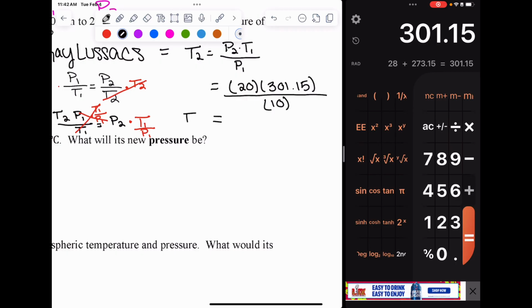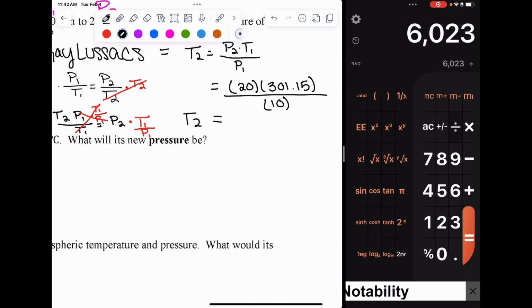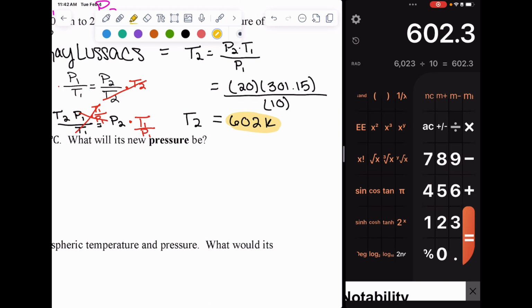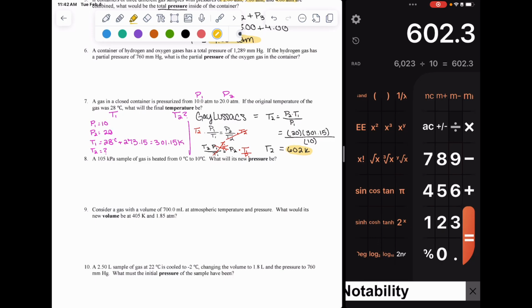Plugging that in, our second temperature will be 20 times 301.15 divided by 10, which is 602 Kelvin, because we're looking for temperature. Temperature has to be in Kelvin. All right, so that's question number 7.